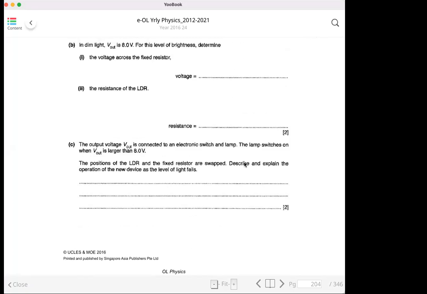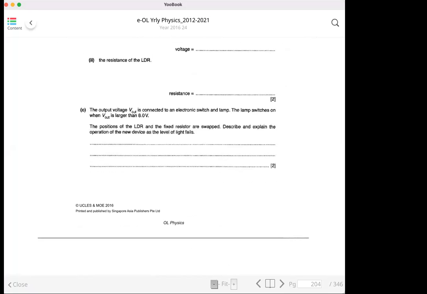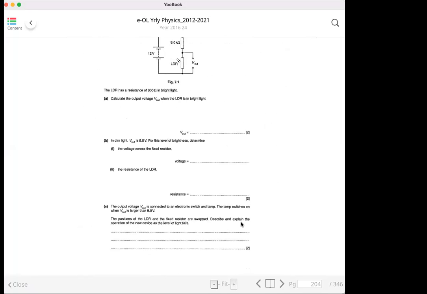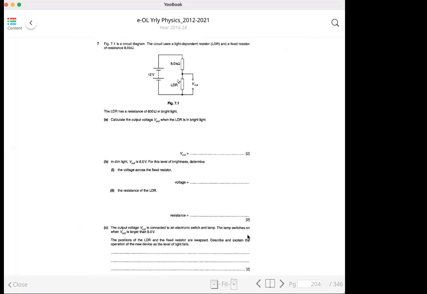Okay, let's go to the last one of this question. Do part C. The output now is connected to an electronic switch and lamp. The lamp switches on when the V out is larger than 8 volt.